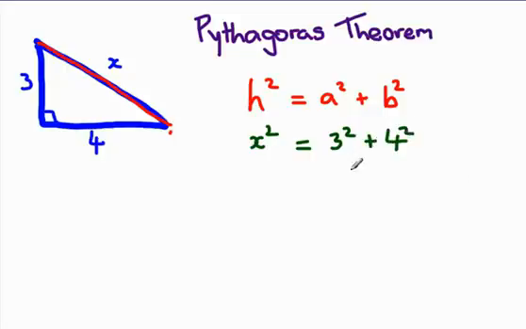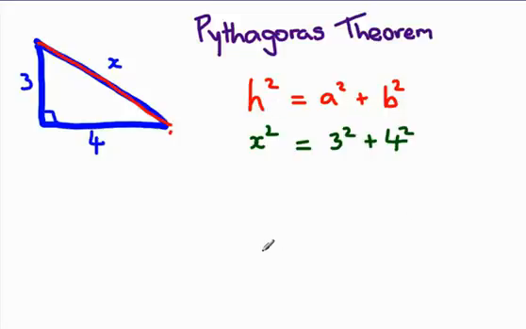It doesn't matter. So x squared equals 3 squared plus 4 squared. All we've done in this step, guys, is substitute our information from our diagram into Pythagoras' theorem.